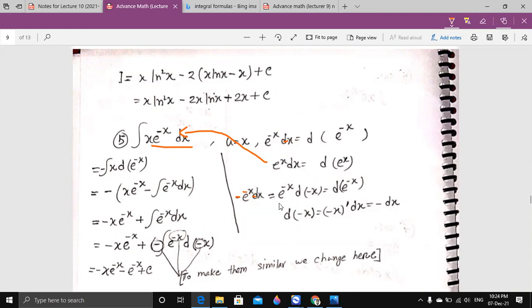So this will be e to the power minus x and d minus x. You see here the two variables are similar, so now we can just combine them and write d into e to the power minus x.